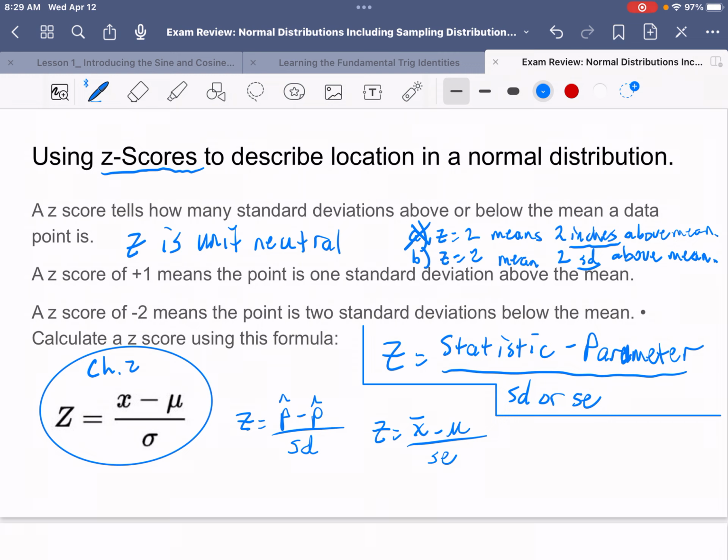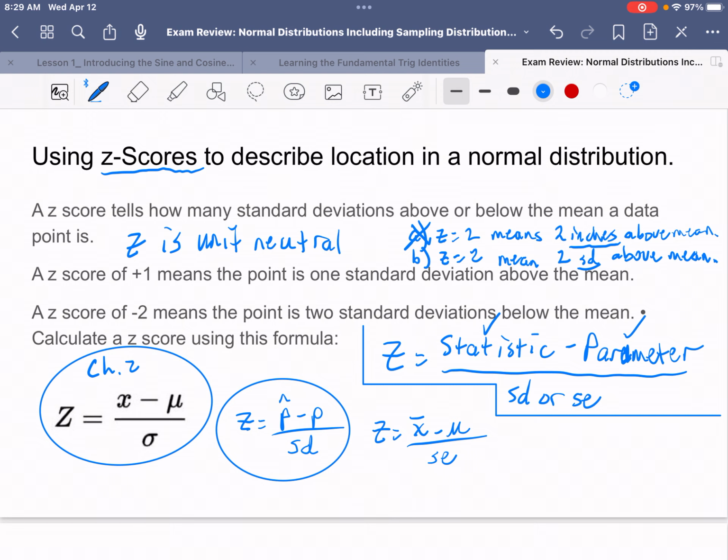Then when we moved ahead to Chapter 7 and the inference chapters, the entire second half of the course, sometimes we said z is equal to p hat minus p divided by the standard deviation. P hat is the statistic, p is the parameter.